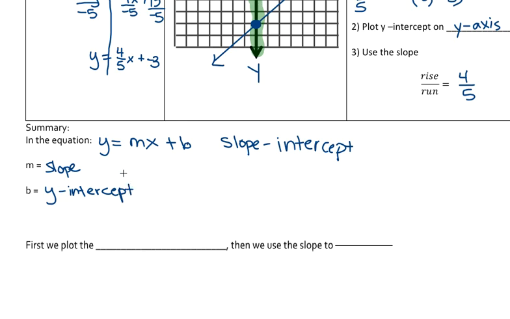So once we have that in that form, we plot the y-intercept. Remember that means it's on the y-axis. Then we're going to use the slope to rise and run. And that's it.